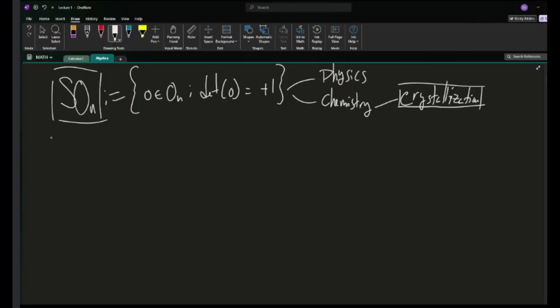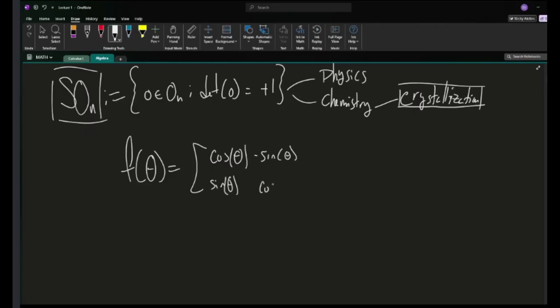All right, and to expand upon that crystallization aspect, if you've taken a linear algebra course, you've probably seen the function phi of theta equal to this matrix: cosine of theta, negative sine of theta, sine of theta, and cosine of theta.